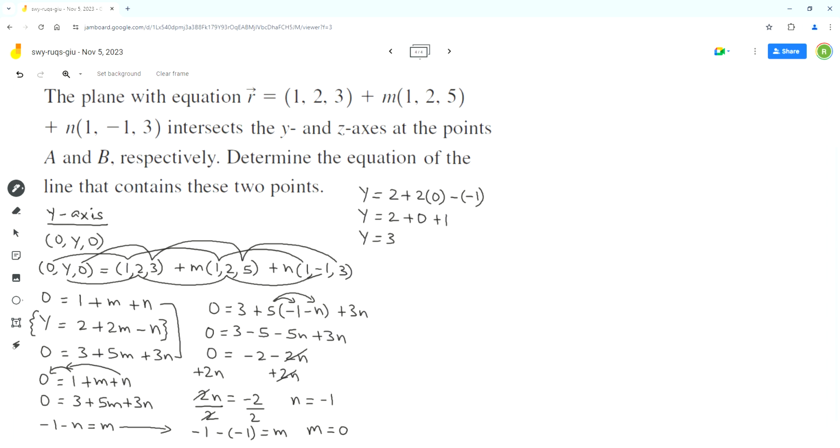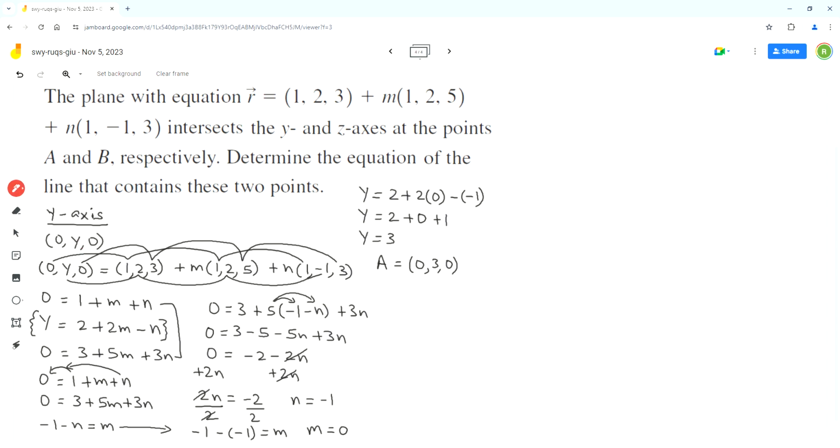I get y equals 3. That means point A is (0, 3, 0).